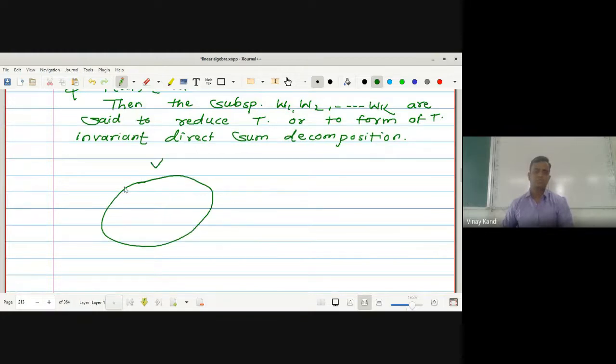This is V, suppose. This is W1, this is W2, and up to so on, this is Wk. Suppose these are the non-zero subspaces of V, and T is the linear operator on V.